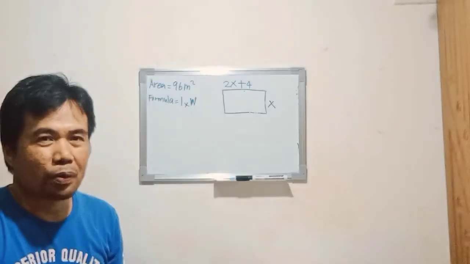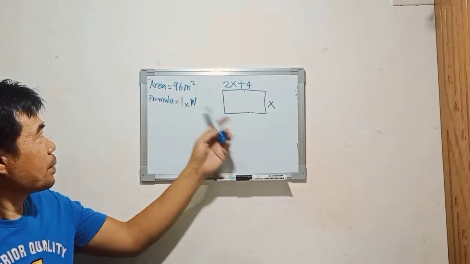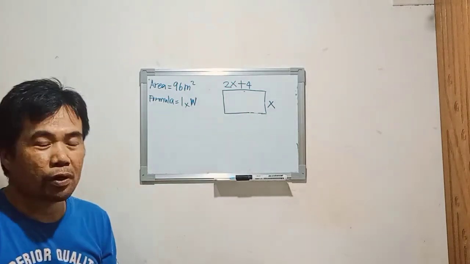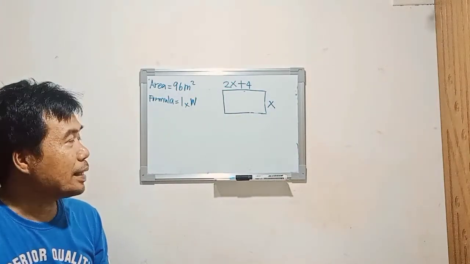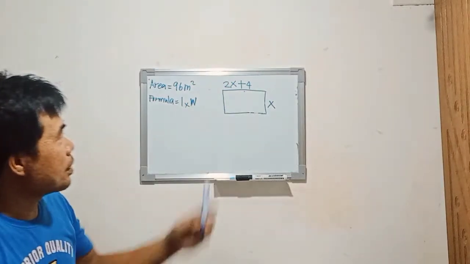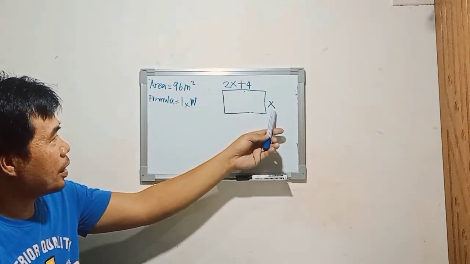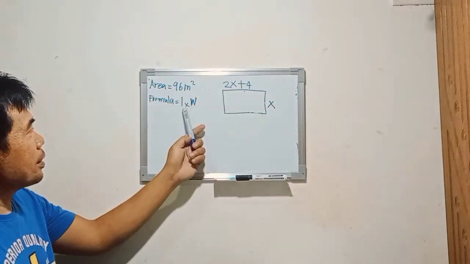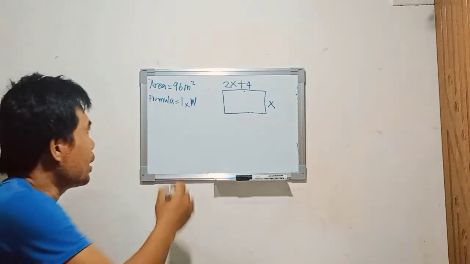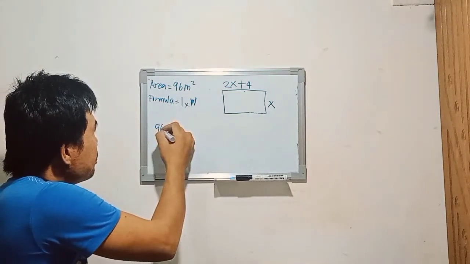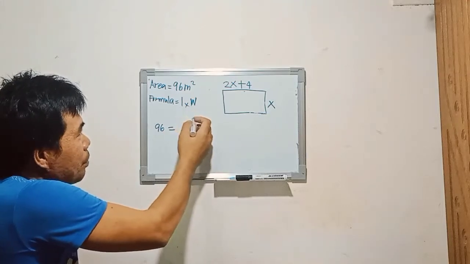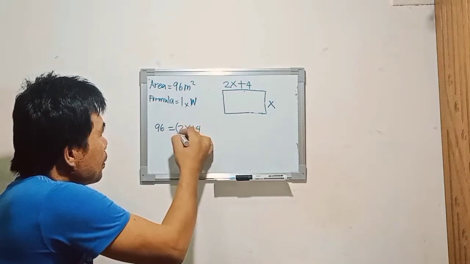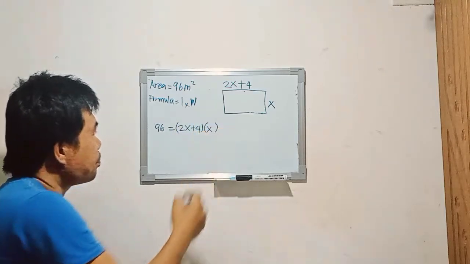For our final example question, we have a rectangular pond which has an area of 96 square meters, and the length of this pond is 4 more meters than twice its width. So it is expressed as 2x plus 4 for the length and x for the width. The formula of a rectangle is length times width. We have an area of 96, and let this be substituted by 2x plus 4 times x.